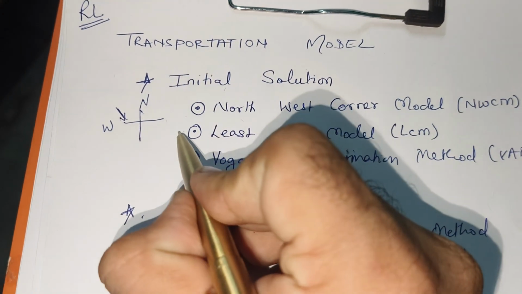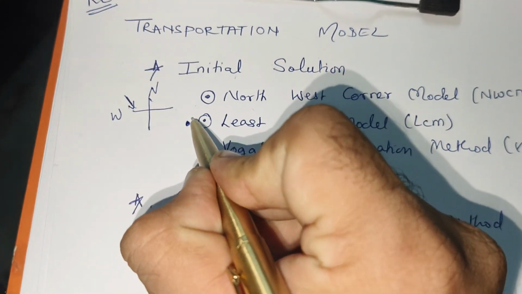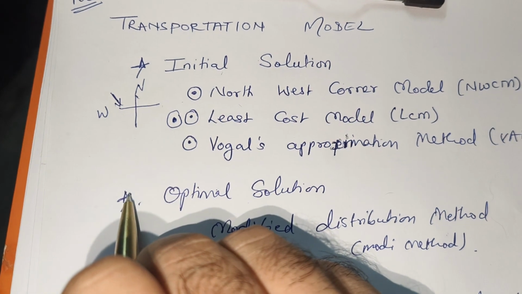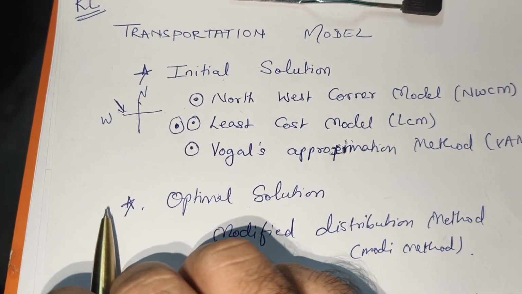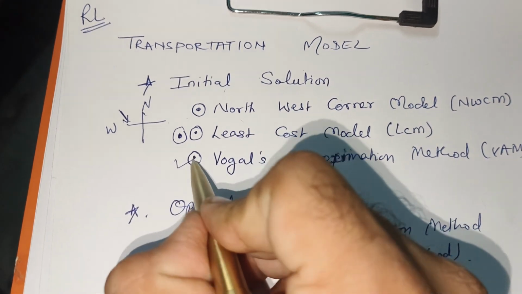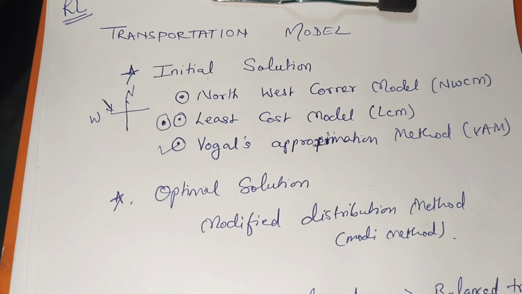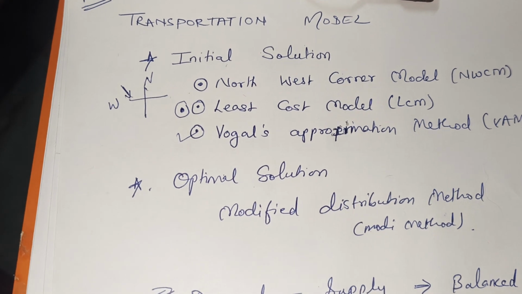The second method is least cost method. We start allocating demand and supply from the lowest cost. Then third is Vogel's approximation method. Very interesting method, I will teach you today in this video.